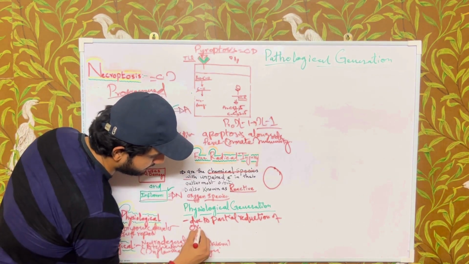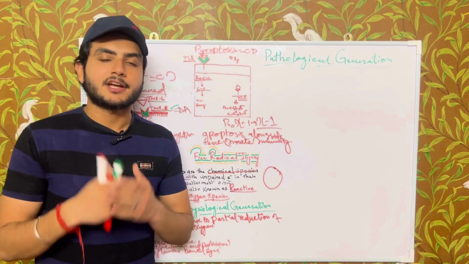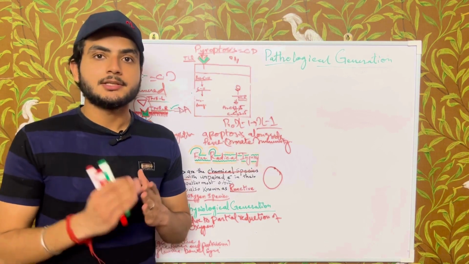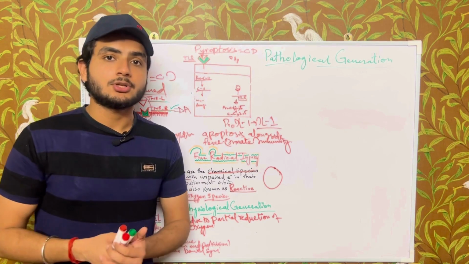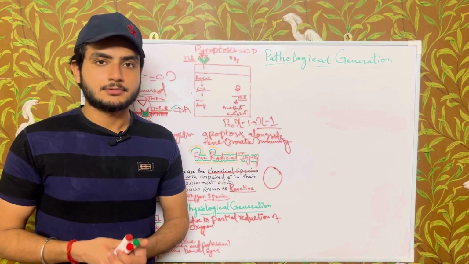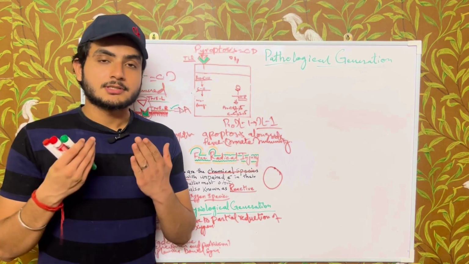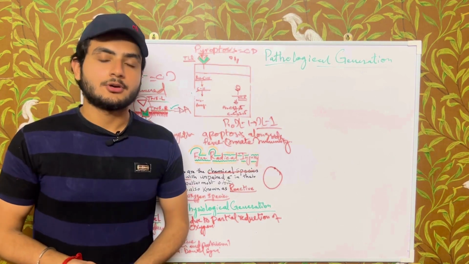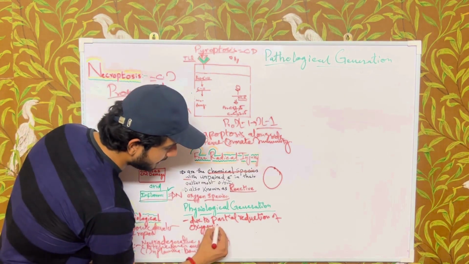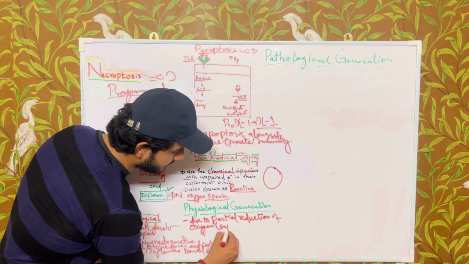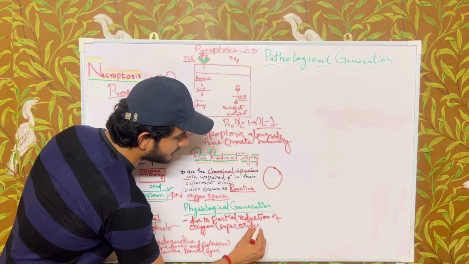We know that oxygen is the final electron acceptor in the electron transport chain, which leads to the formation of water. Due to the partial reduction of oxygen, some intermediates are also formed. These intermediates are superoxides. So there will be the generation of superoxides.